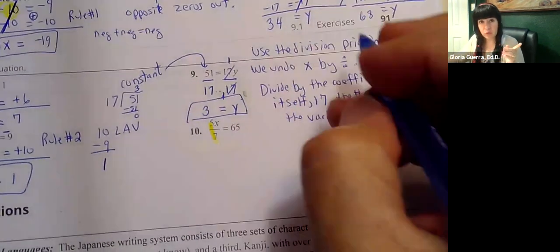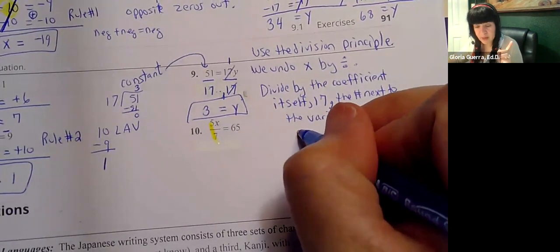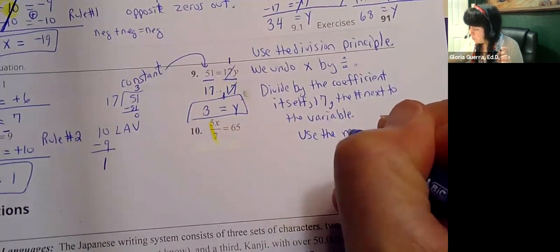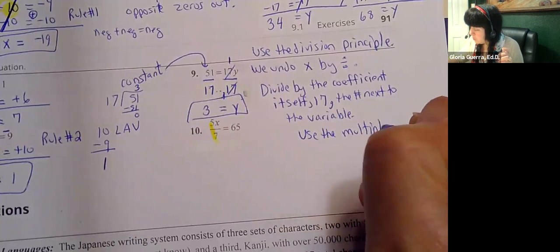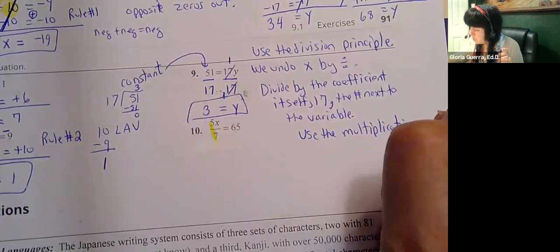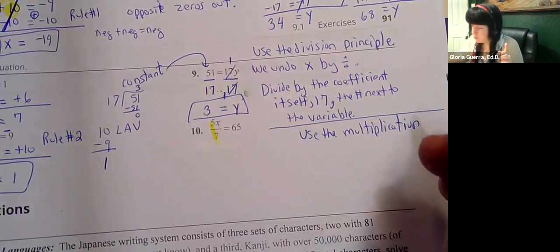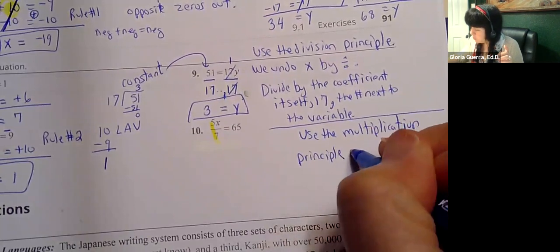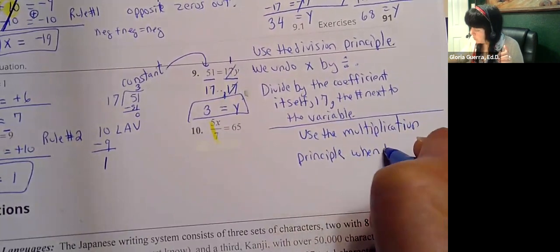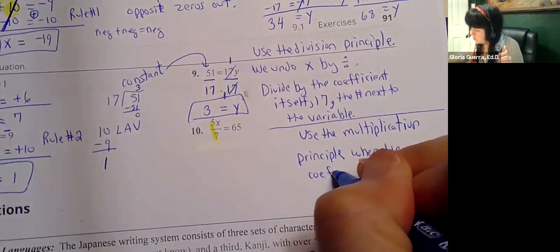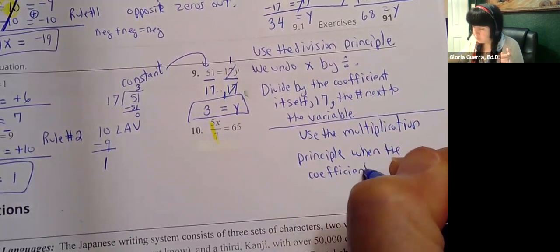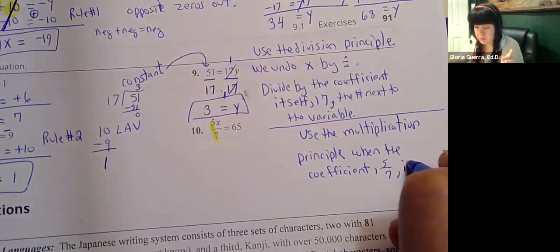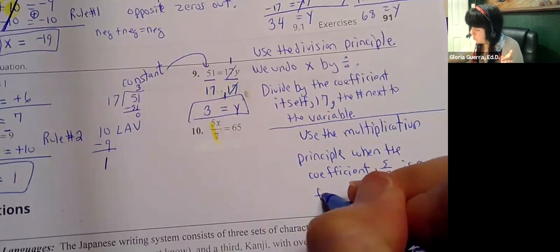So remember what I said earlier: we use the multiplication principle when the coefficient, which is the 5 sevenths, is a fraction.